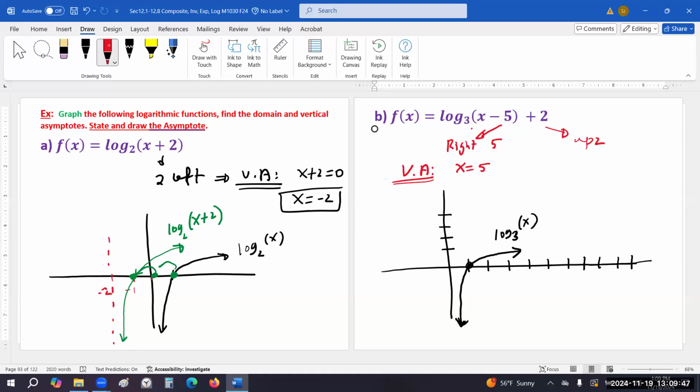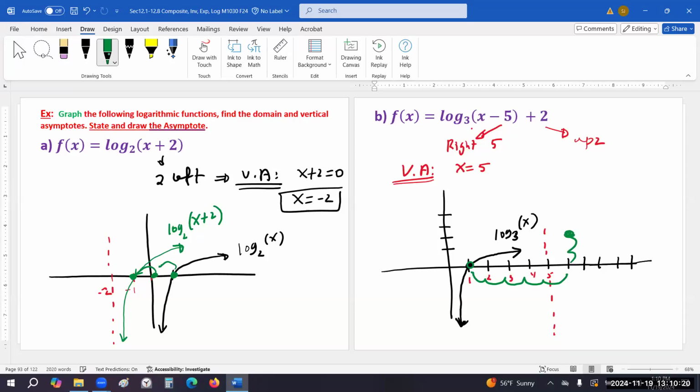So let's do the vertical asymptote first. 1, 2, 3, 4, 5. This is the line that you cannot cross after the transformation. So where is our new point? This point we are moving. Okay, so it's going to be 1, 2, 3, 4, 5, 1, 2.